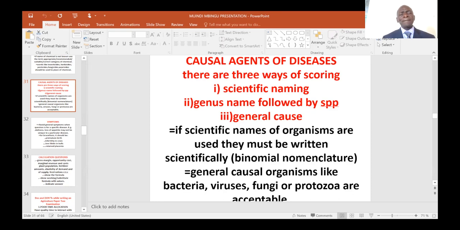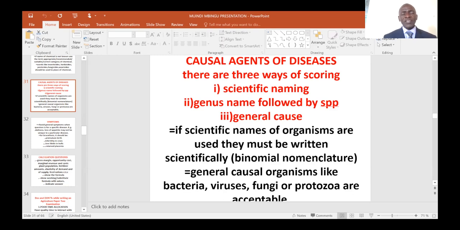For example, give the causal organism for anthrax. Anthrax, as we are aware, is a bacterial disease. So you only need to know that it's bacterial so that you can post the word bacteria as an answer to that question.